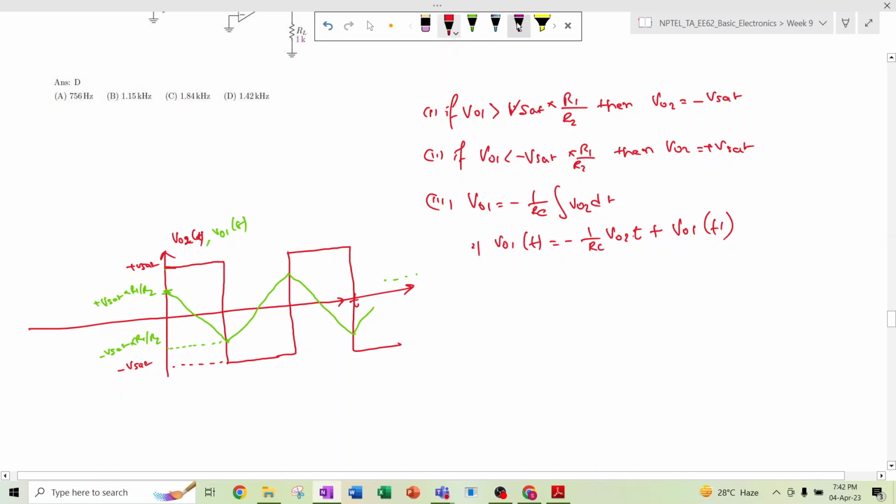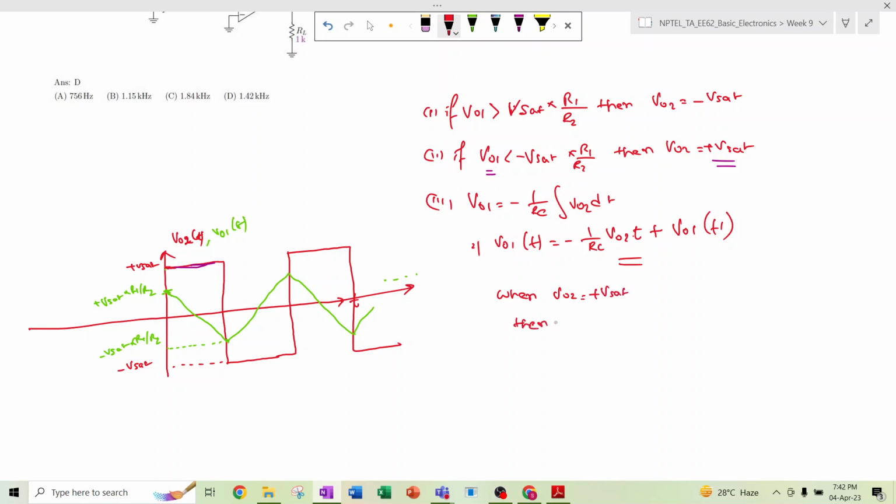So analyze the output waveform first. This is VO2T. VO2T is at first plus Vsat. So it is in the plus Vsat condition. And now what is happening? From this equation you can write when VO2 is plus Vsat, then VO1T is equal to minus 1 by RC into Vsat into T plus VO1T dash.